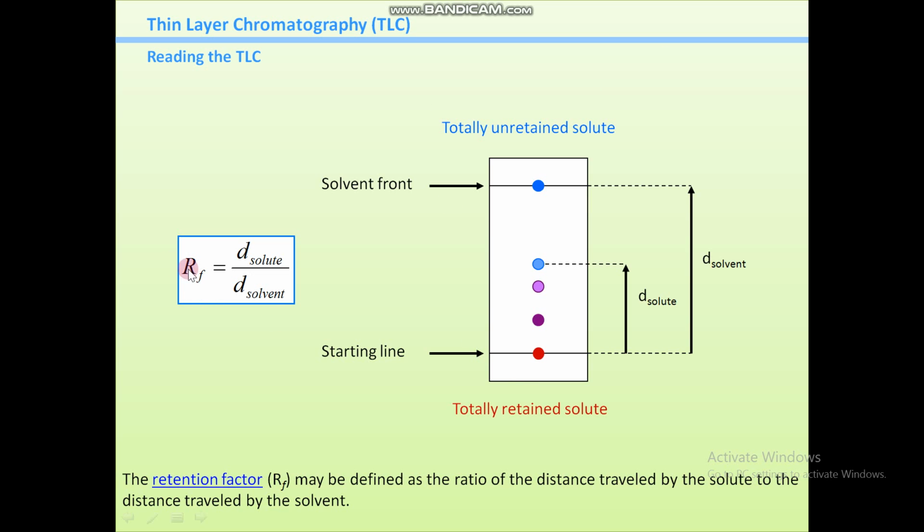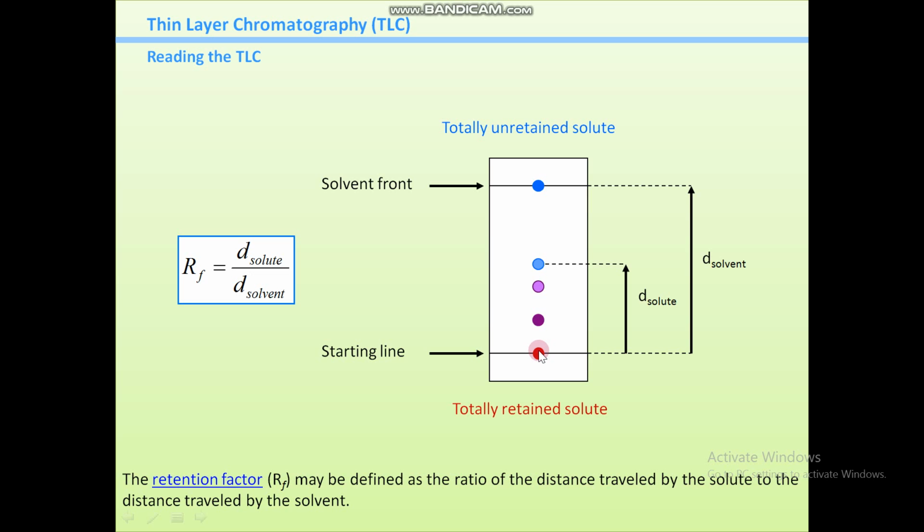And Rf is nothing but the retention factor. How do we calculate this factor? The retention factor is D solute divided by D solvent. D solute is the distance traveled by the solute, where the solute means the sample mixture.